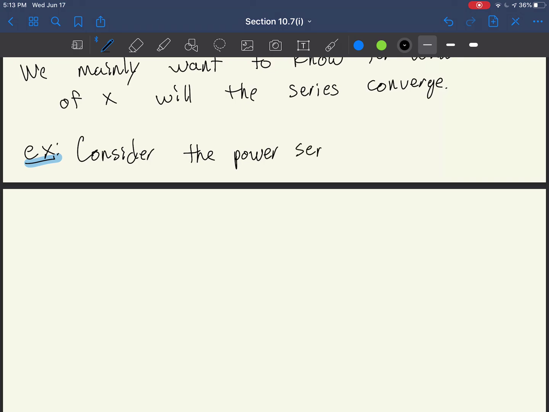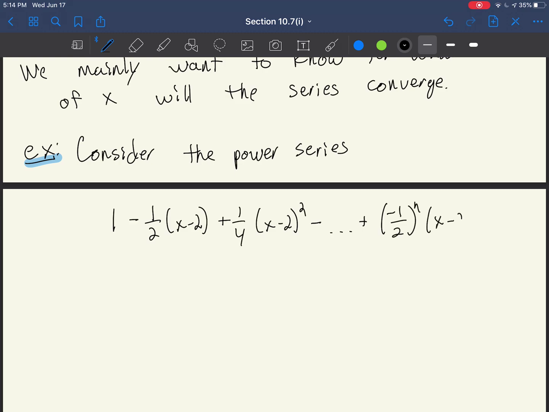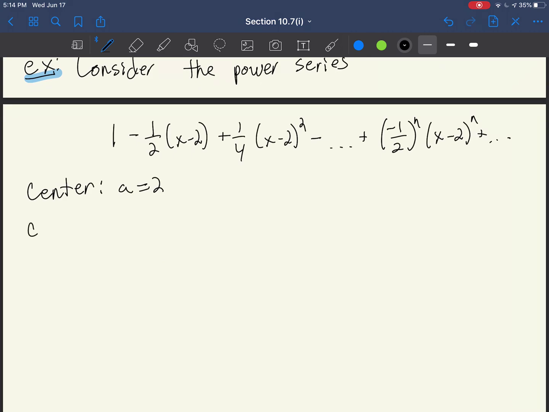We can consider the power series one minus 1/2 times (x minus 2) plus 1/4 times (x minus 2) squared minus ... plus (negative 1/2) to the n (x minus 2) to the n plus ... This has center a equaling 2, and it has coefficients C0 equals 1, C1 equals negative 1/2, C2 equals 1/4, and etc.